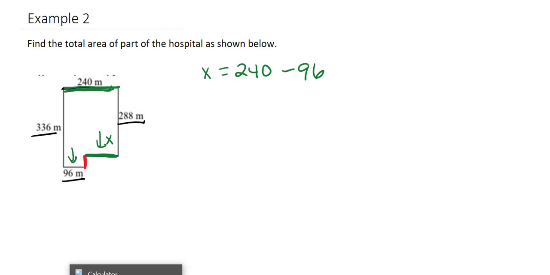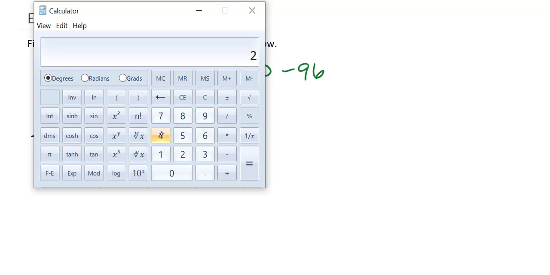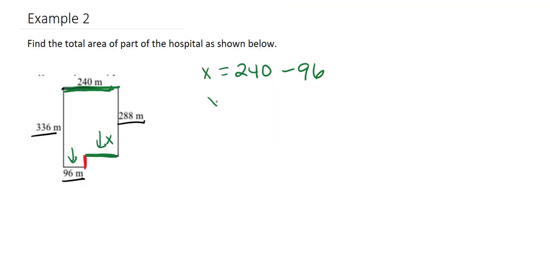So let's get the calculator out. We have 144. So that's what that is. Now this red part has to be equal to 336 when you add this to it. So this little red part plus this number is equal to 336.